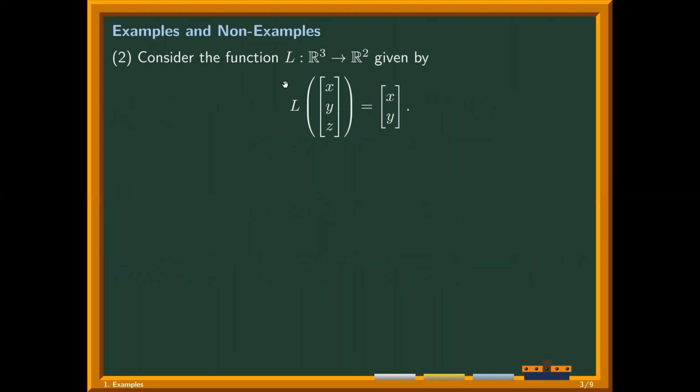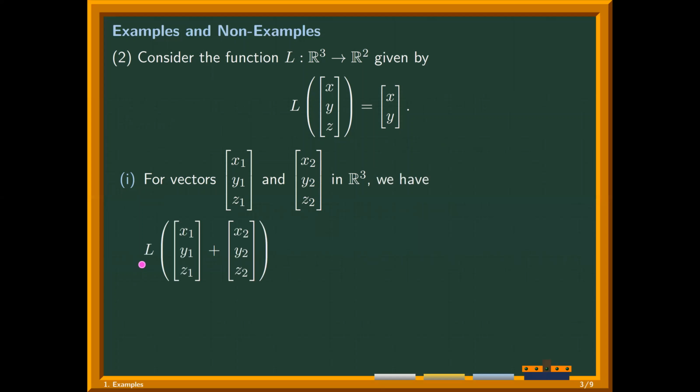Here's another example. So consider the function L from R3 to R2, given by L of x, y, z equals the two vector x, y. Is this a linear transformation? So let's see. Let's check the first condition. So given two vectors, x1, y1, z1 and x2, y2, z2 in the domain R3, let's compute L of the sum.